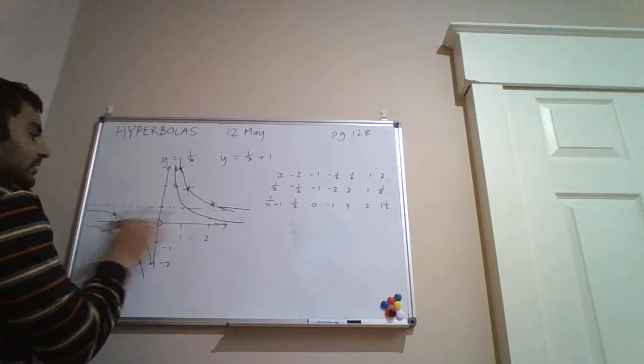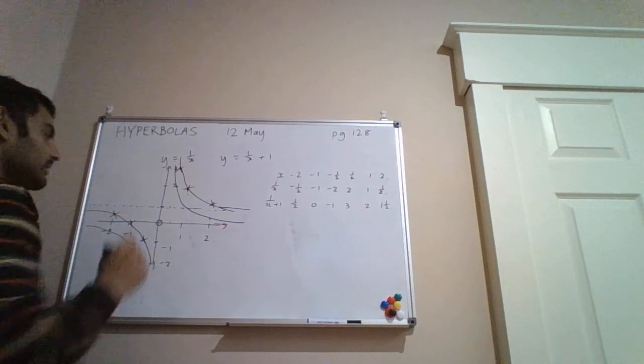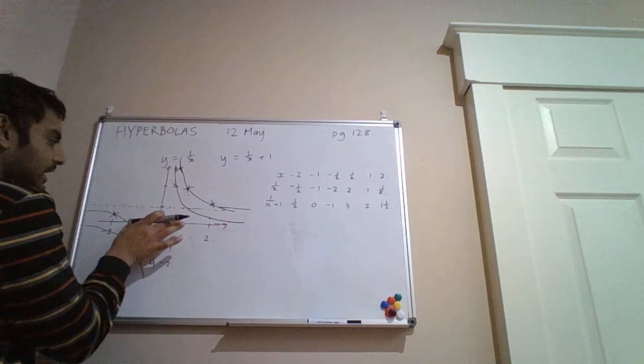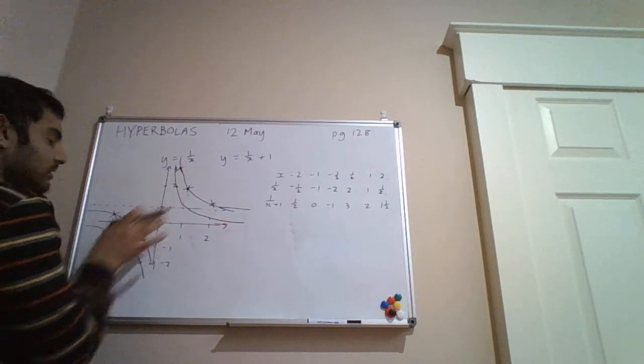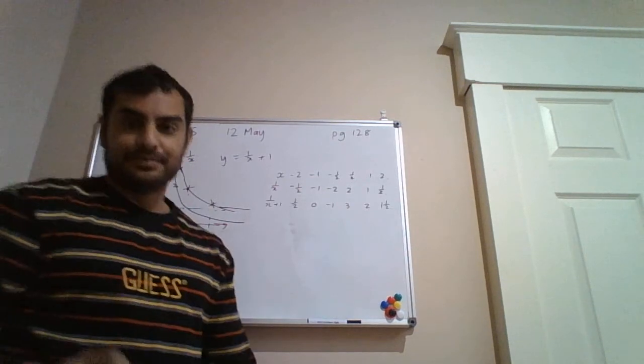In our original graph, the horizontal asymptote was the line y equals 0. In the shifted graph, our horizontal asymptote has also moved one up and is now at y equals 1.